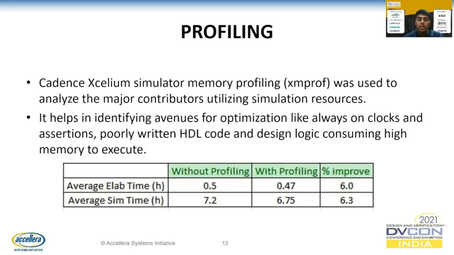There are multiple clocks being used across various checkers, which caused additional overhead. So we changed the usage from XM mirror to assign statements to reduce this, and we were able to improve the runtimes by 1 to 2%. With overall profiling, average runtimes were reduced by 5 to 6%.